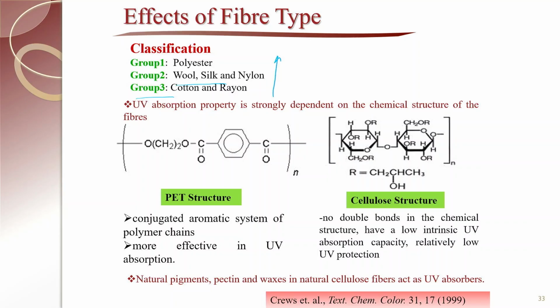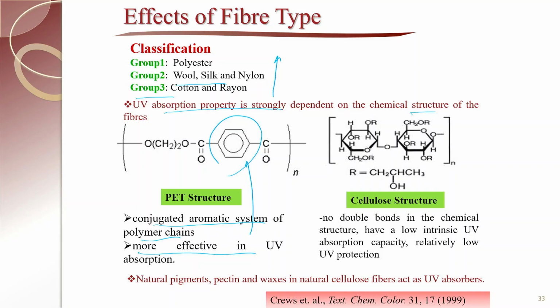Now, you can see the UV absorption property is strongly dependent on the chemical structure. Polyester has this type of structure, a conjugated aromatic system in the polymeric chain. Due to this conjugated aromatic system, it absorbs more and is more effective in UV absorption.